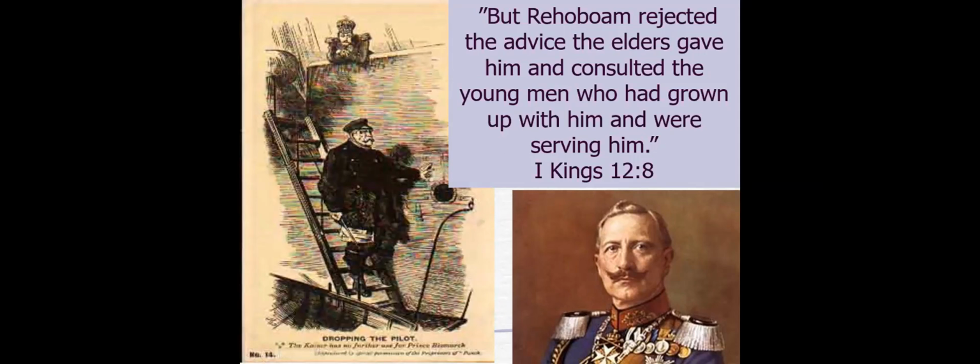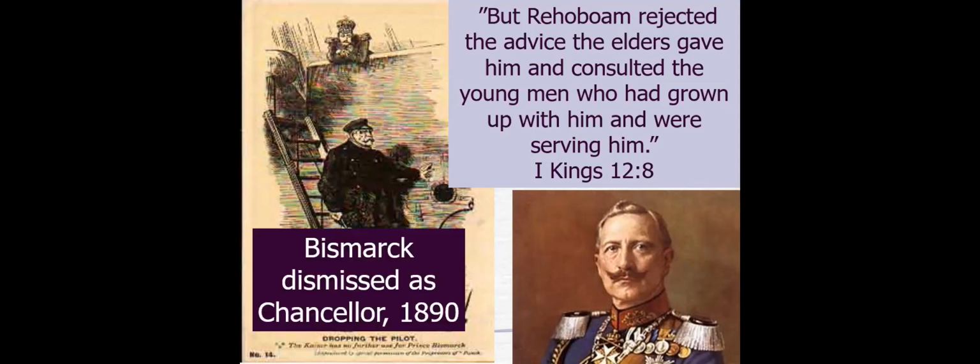In other words, he's firing the guy who created modern Germany, created the safety net to keep Germany safe, and he's going to get rid of it. Bismarck is dismissed as chancellor within 2 years. And almost immediately, the House of Cards, the network designed to keep Germany safe, the Kaiser will just completely dismantle.